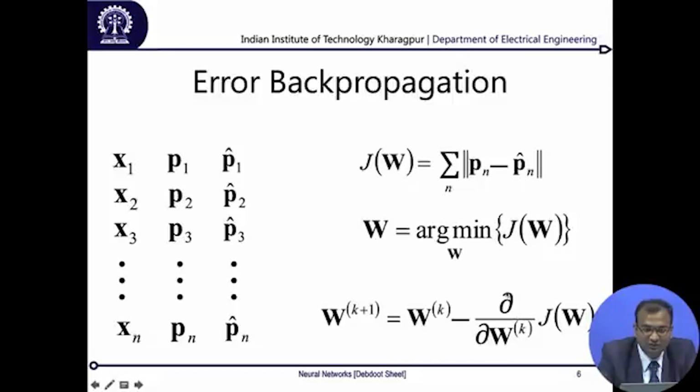Now remember one thing, that J of W is a function of Pn and Pn hat. Pn is a constant, but Pn hat is actually a function of all of these x's, because your predictor was over there. Since this function is dependent on both x and w, I can take a derivative of this whole thing with respect to w.